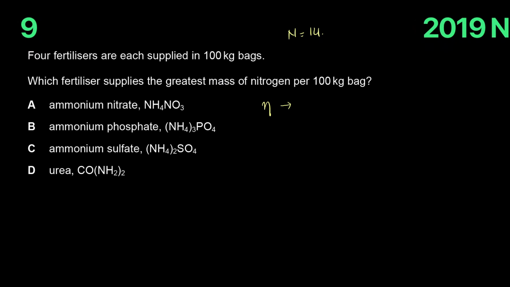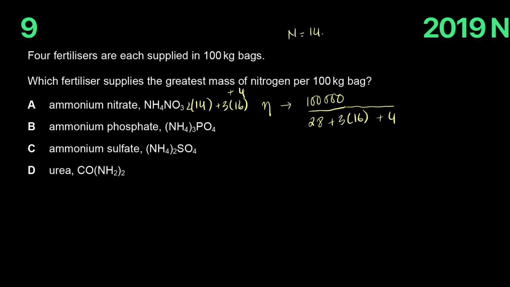The mass is 100 kilograms, which means 100,000 divided by the MR, which is 14 times 2 plus 3 times 16 plus 4 for the hydrogens. So that's 28 plus 3 times 16 plus 4. Those are the moles.